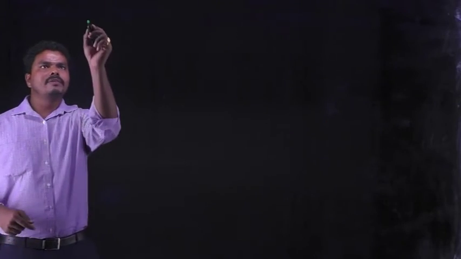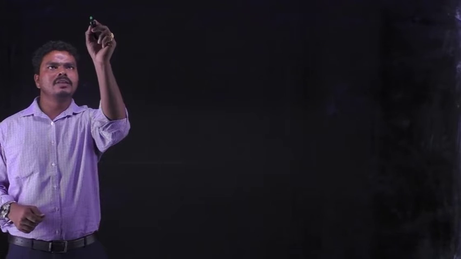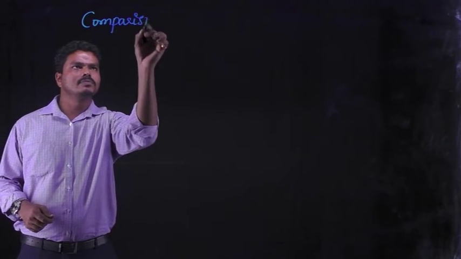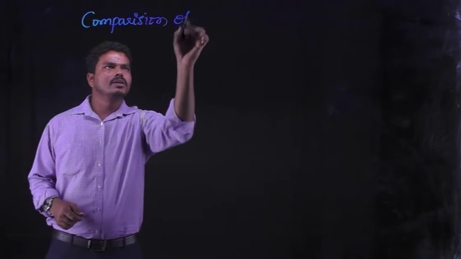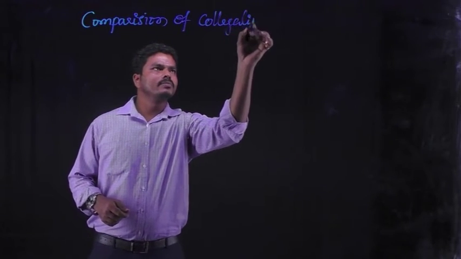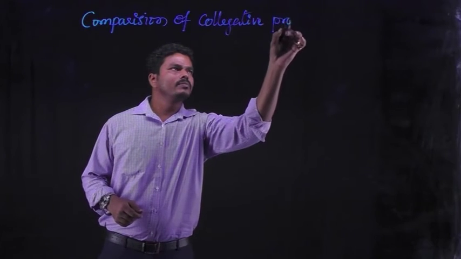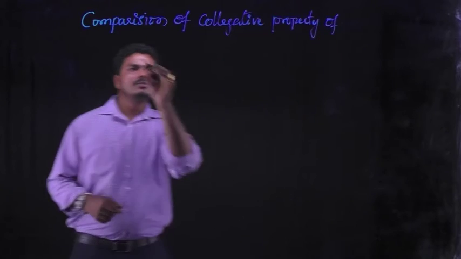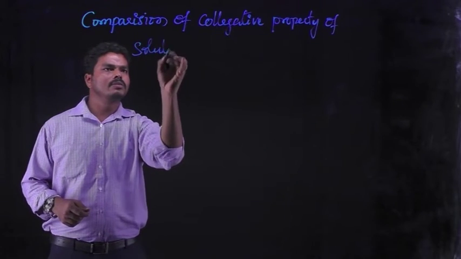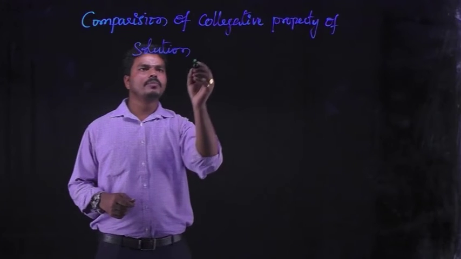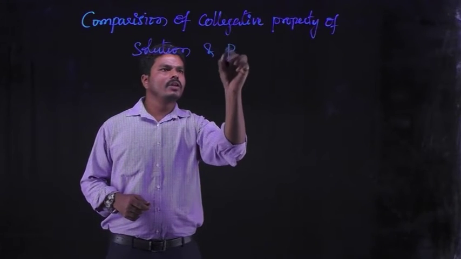The next method for measuring the tonicity is the comparison of colligative property of solution. Tonicity is going to be determined against a physiological fluid.